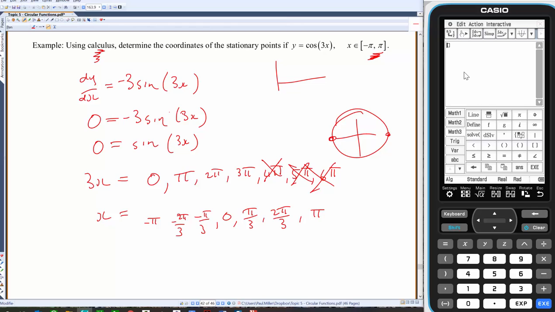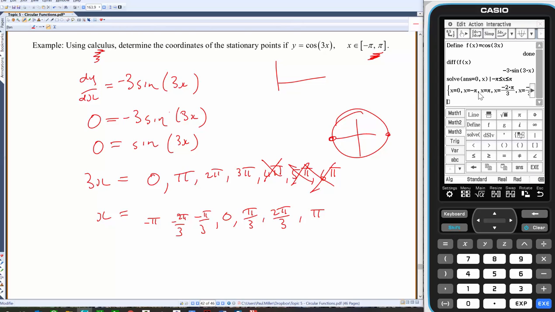I'm just going to use my calculator to check this one. So define f of x equals cosine 3x. Solve f of x for 0, x, and I want you to search between negative pi inclusive, and we do need to be careful about those inclusives because it can equal pi in this case, to pi please.